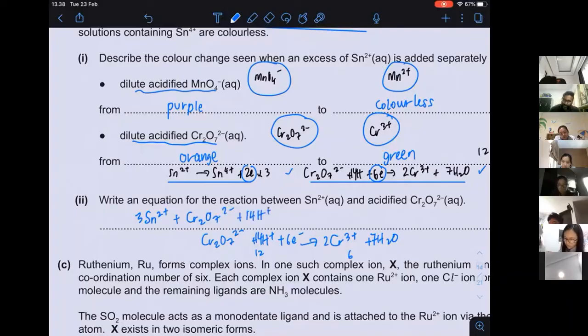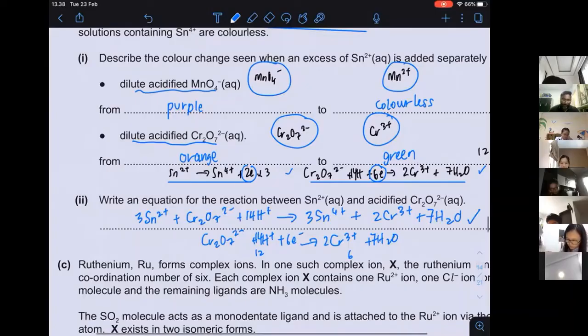The electrons will cancel. So it's 3Sn4+, plus 2Cr3+, plus 7H2O. This will be the equation we are looking for. You must make sure you write the correct equation, so you need to write the correct half equations.